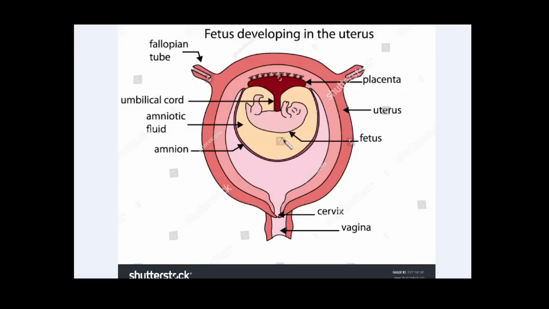And because this is the cervix region here, between the corpus and the cervix is where we have this part called the isthmus. And lastly, we have the cervix. The cervix is the lowest part of the uterus, and the cervix opens into the vagina. So those are the parts of the uterus.